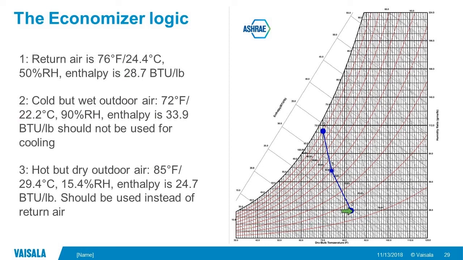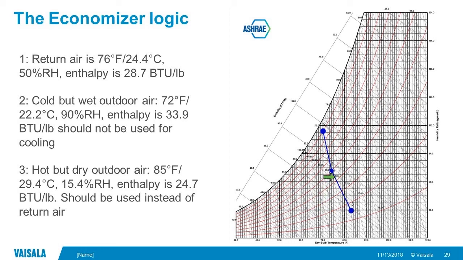Okay, another example, which is the point number 3 here. So now you're trying to achieve the same condition inside, and now it's actually pretty hot outside. It's 85 degrees Fahrenheit, 29 and some change in centigrade, but it's actually pretty dry, just 15%. So even though you move to the right here, temperature is increasing, you are moving down because the humidity is so low.